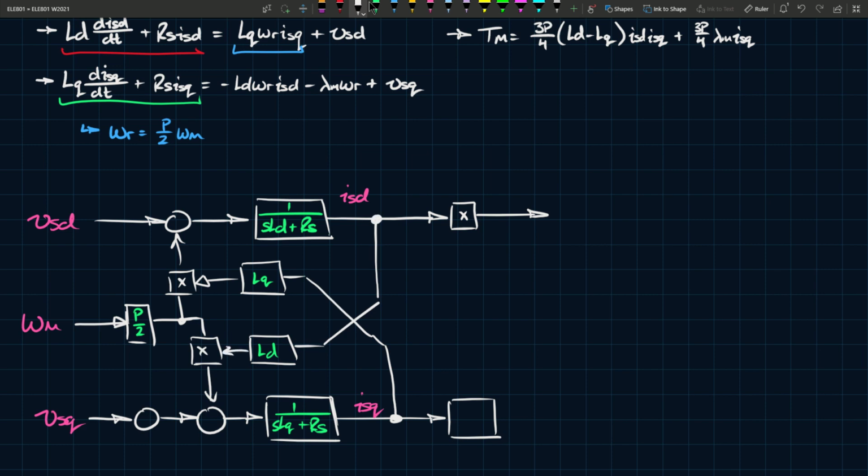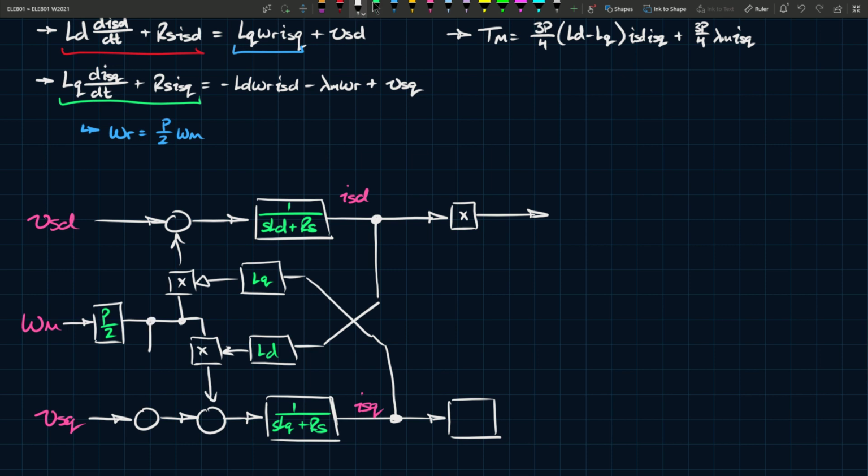Now, the last thing we have to incorporate is, and I probably should move this back because this is the challenging part about drawing block diagrams properly while explaining them, this should have a P over 2. Well, it should be after the P over 2. I apologize for that. It should be P over 2 here, straight like this.